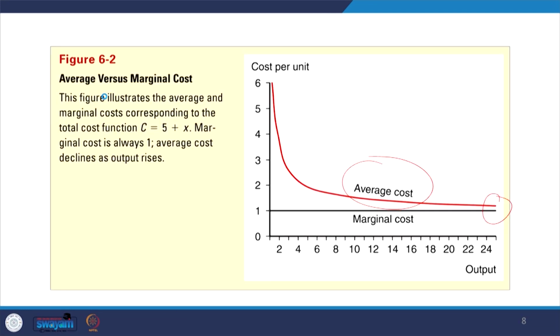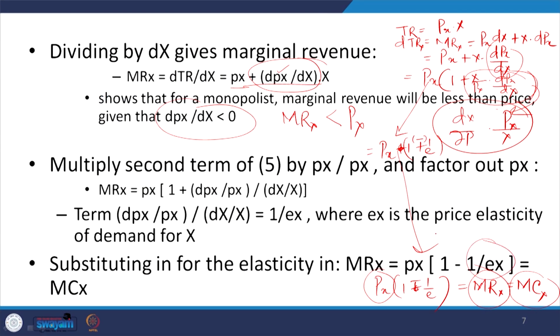If you read it carefully, since this is negative, the marginal cost is actually factored out by the extent of elasticity of demand.